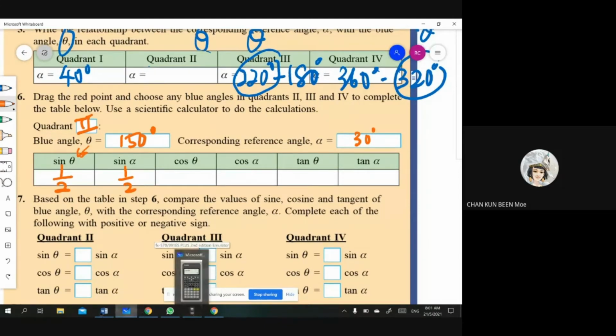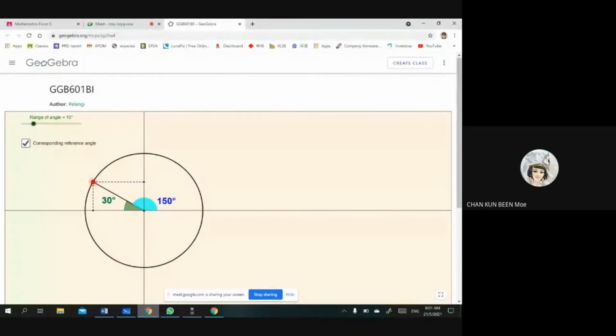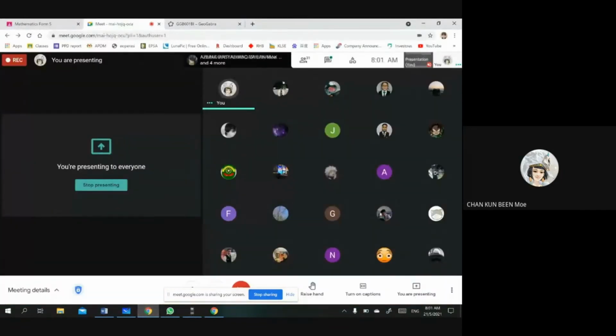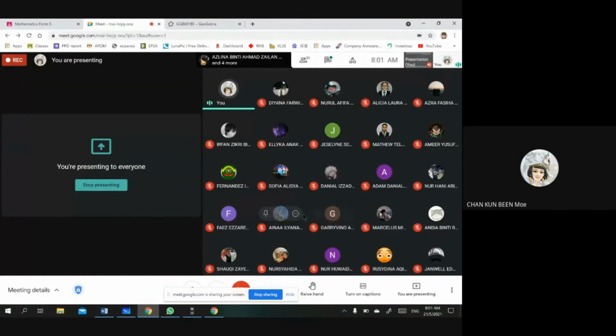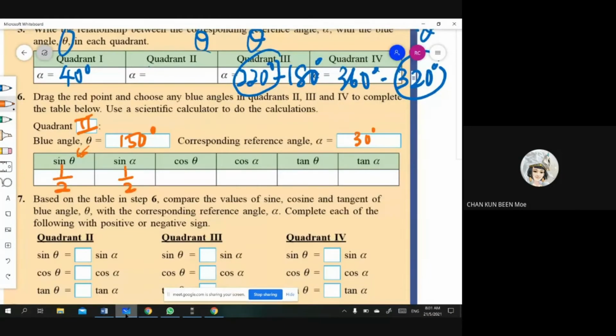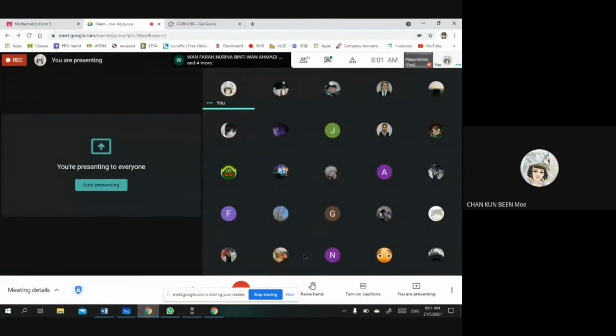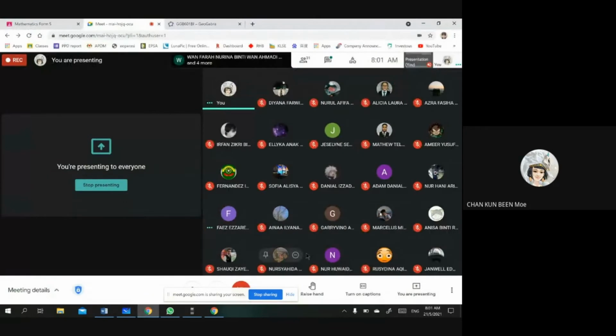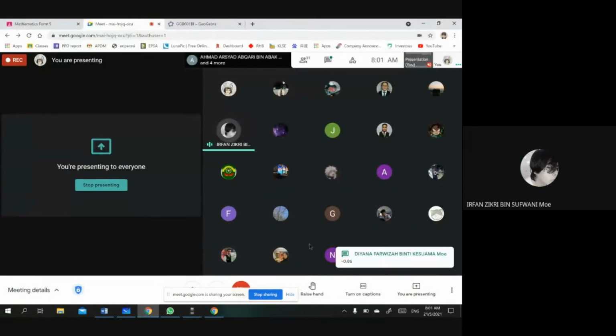Whereas for cos theta, how much is cos theta? I'm going to ask those who attend the lesson today. How much is cos theta? Diana? You got to press it. How much is cos theta? Is everybody there? Yes, madam.